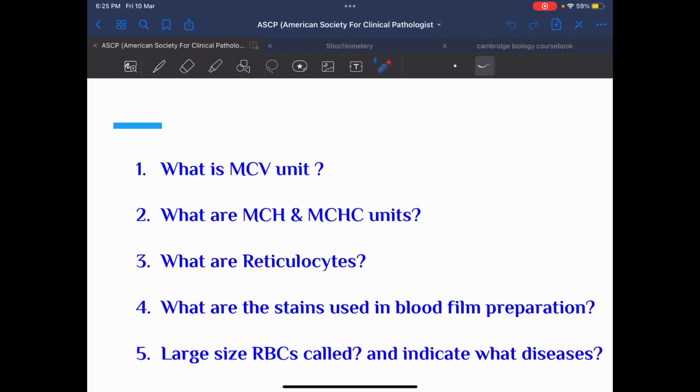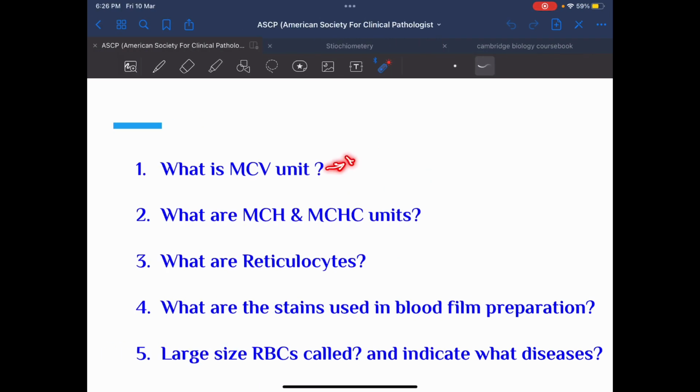We should know MCV is one of blood indices, and MCV stands for mean corpuscular volume.